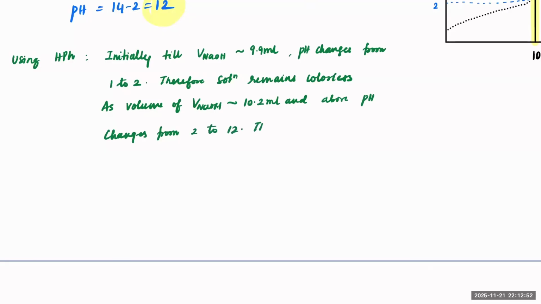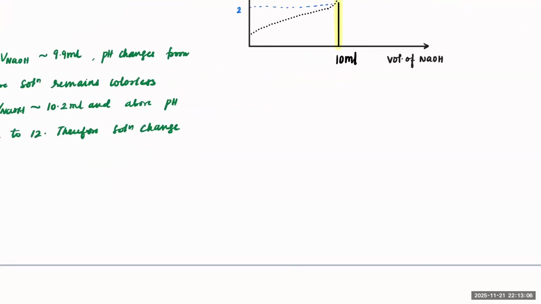Therefore, the solution changes color to pink. So understood? The pink coloration is within that 1 ml difference. This side it is colorless, this side it is completely pink.